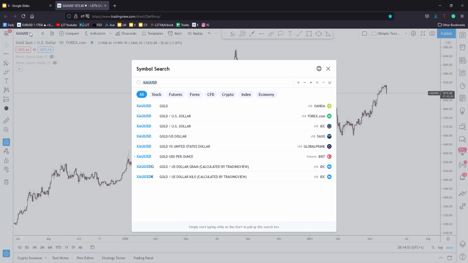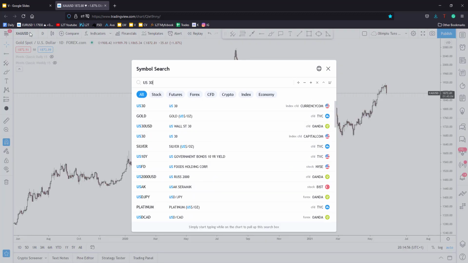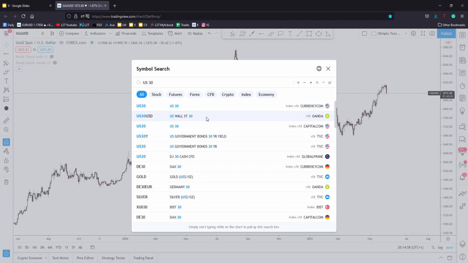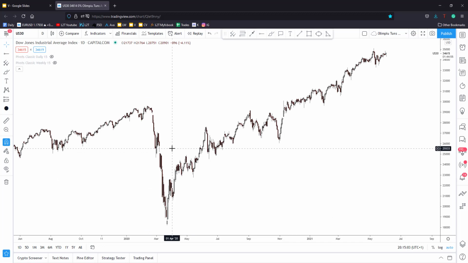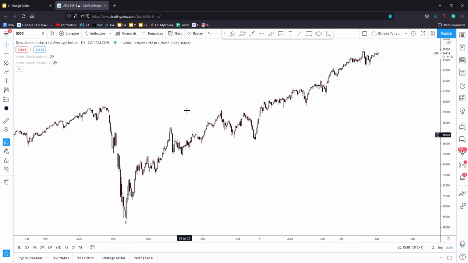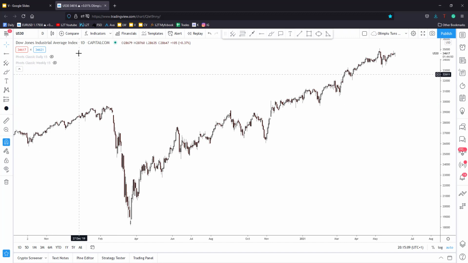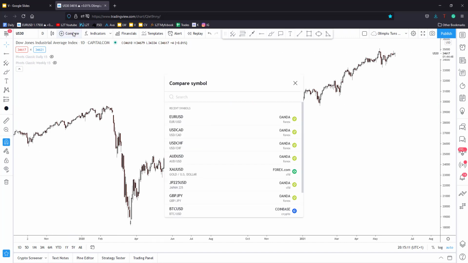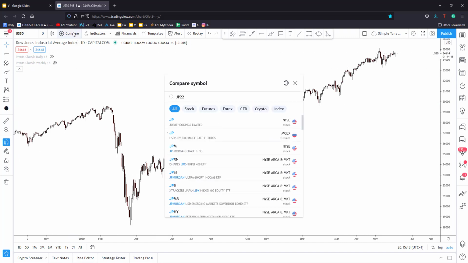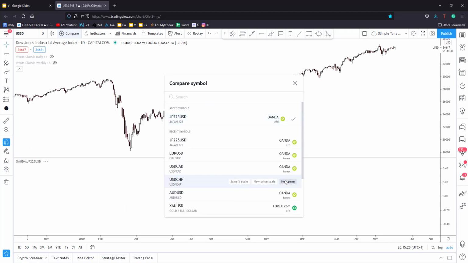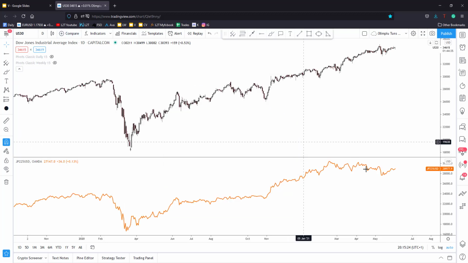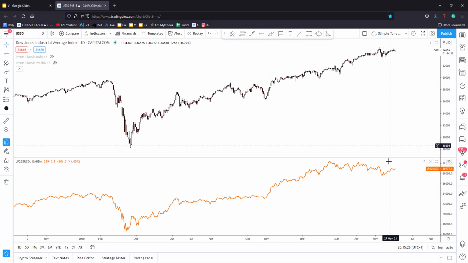Also, let's take a look at US 30, the Dow Jones Industrial Average Index, the US stock index, and let's compare it with the Japanese stock index, the Nikkei. Okay, maybe it's not a perfect one, but you can still use it, guys.